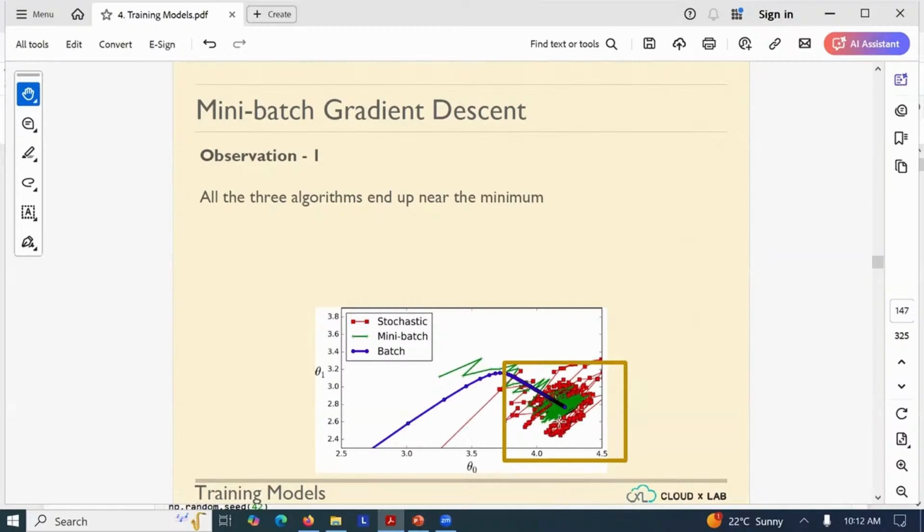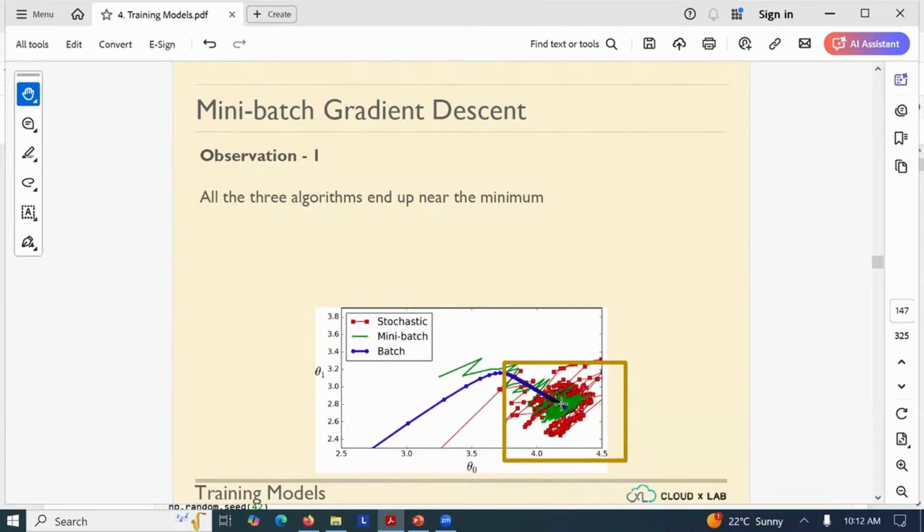Even if you use batch gradient descent 3 times, you may get different solutions, because there are multiple solutions and the algorithm will give you any one of them. But here, since you are optimizing MSE loss, which is a convex function, you will get the global solution. So that's why all these 3 algorithms end up near the minima, right?